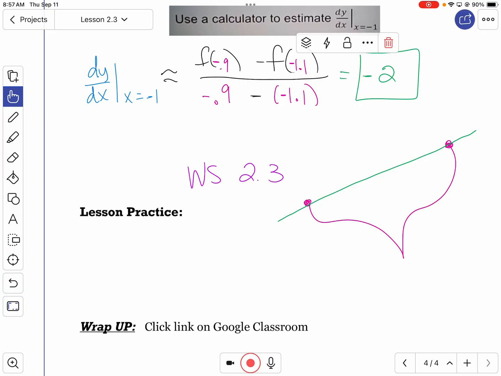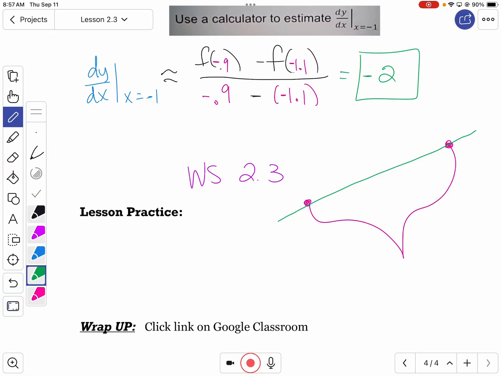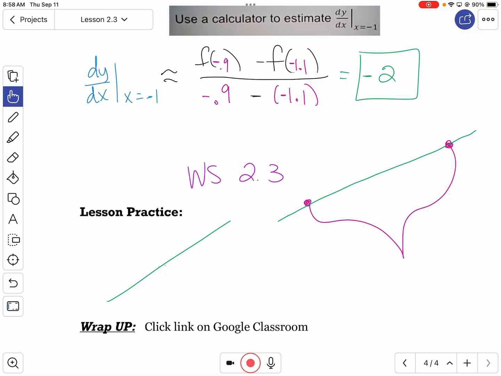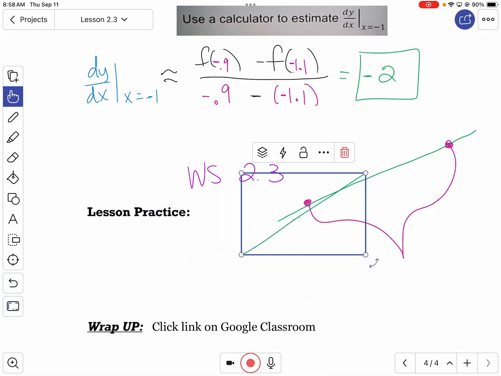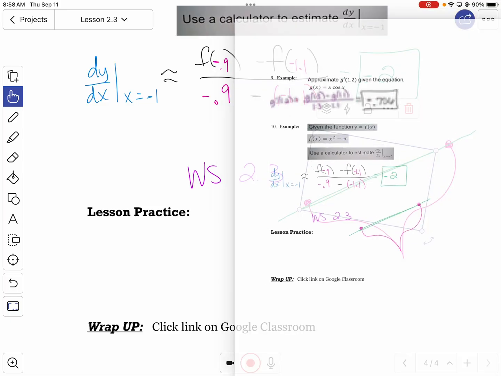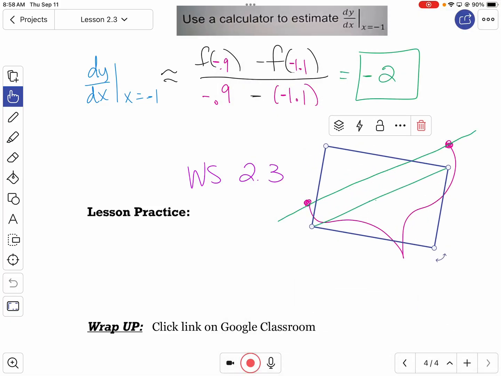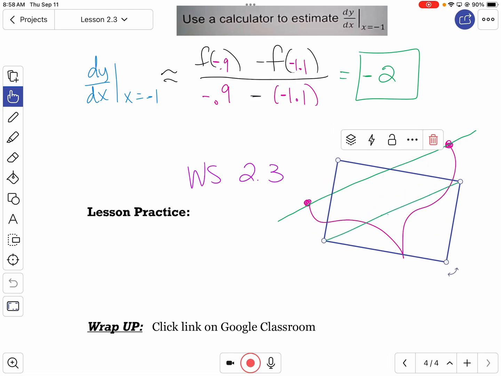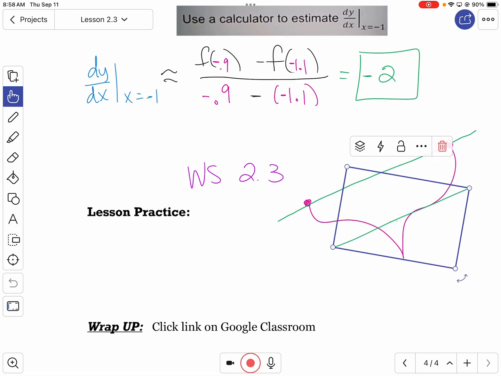Let me do this. That's close. All right, let me rotate it a little bit. How many times would it be a tangent? Would it just touch one time? And if we look, it would touch one time.